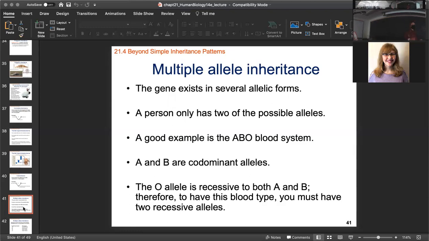Codominant, saying we have A and B. Multiple allele inheritance, we have ABO, right? ABO blood type, because you could be A, you could be B, you could be AB, or you could be O. The O is recessive to both A and B. Therefore, if you have this blood type, you must have 2 recessive alleles.